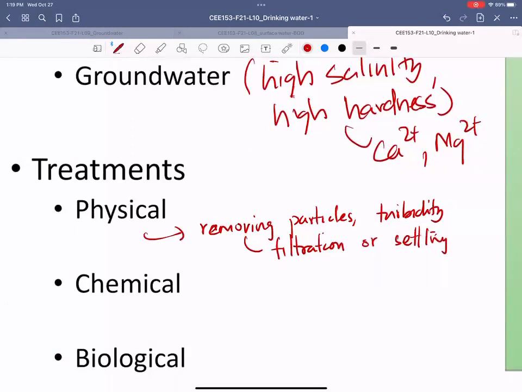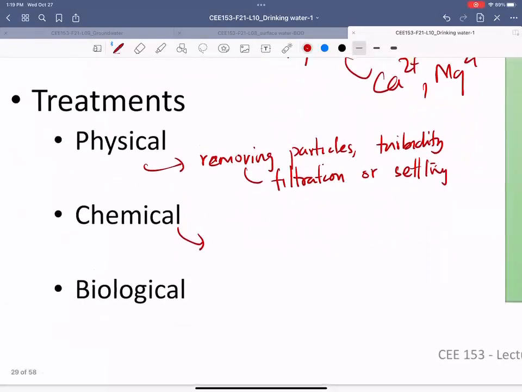Chemical treatment is basically using chemicals to treat certain types of pollutants. Chemical treatments can remove pollutants by adsorption, which is one of the treatments. Coagulations, we'll talk about this. What are those? Coagulation means if you have a lot of fine particles that cannot be settled, how do you remove them? That's coagulations or flocculations.